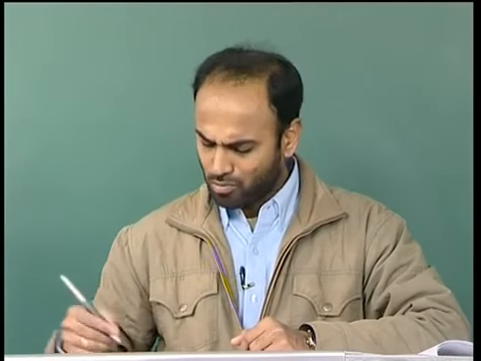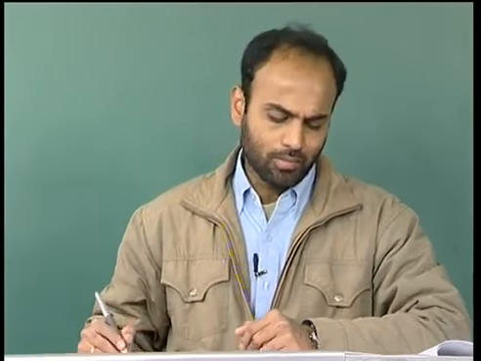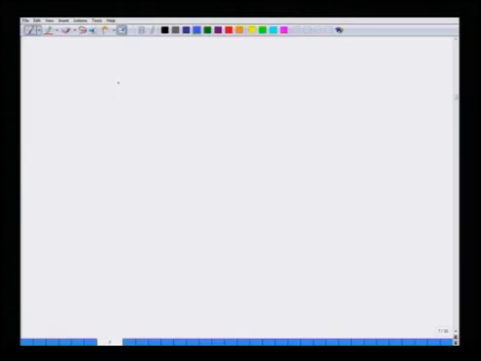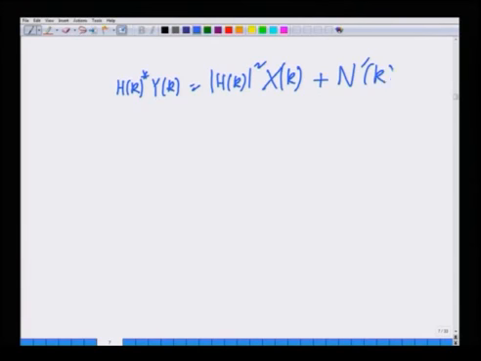Of course, one can also directly see that you need not employ dividing. You can in fact multiply by hk conjugate. So if you multiply by hk conjugate, what you have is hk conjugate yk equals mod hk square xk plus some noise n prime k.